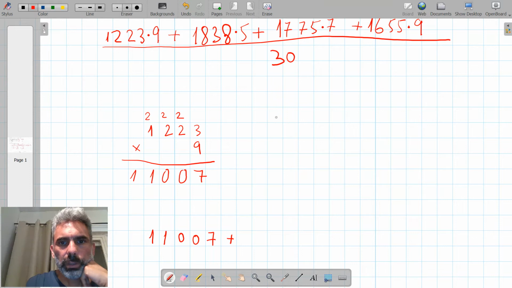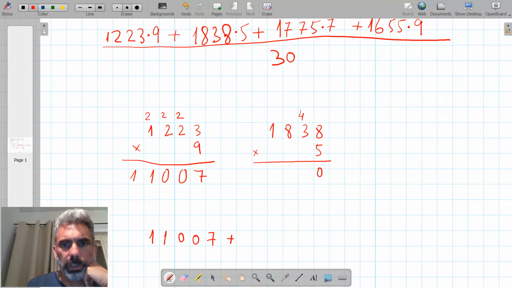Plus the next multiplication, which is 1,838 times 5. 8 times 5 is 40. 5 times 3 is 15, plus 4 is 19. 5 times 8 is 40, plus 1 is 41. 5 times 1 is 5, plus 4 is 9.